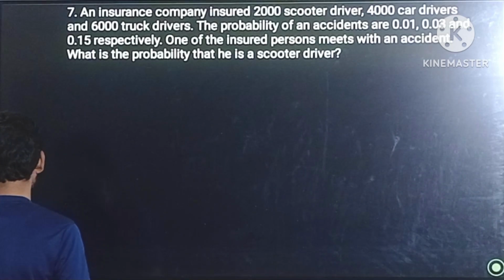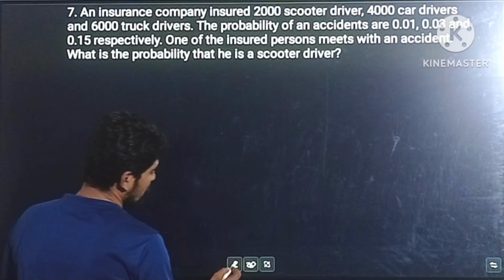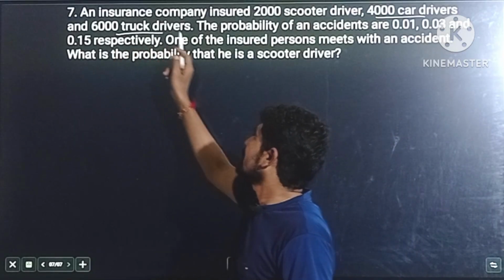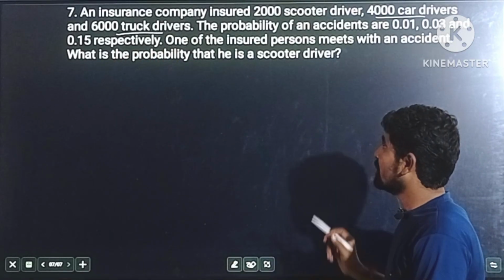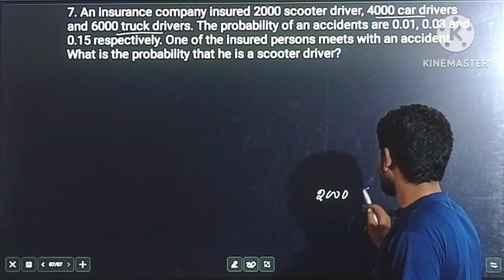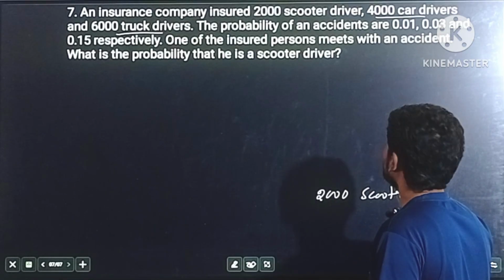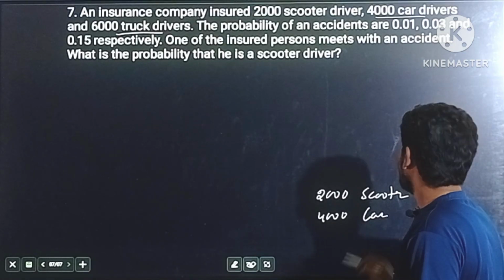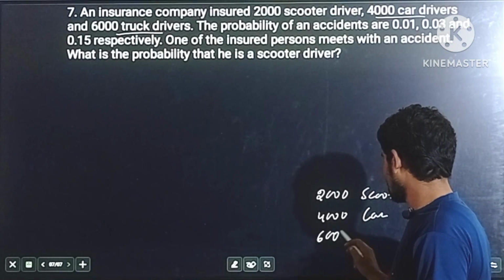An insurance company insured 2000 scooter drivers, 4000 car drivers, and 6000 truck drivers.